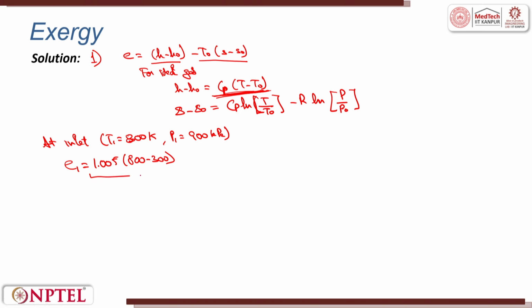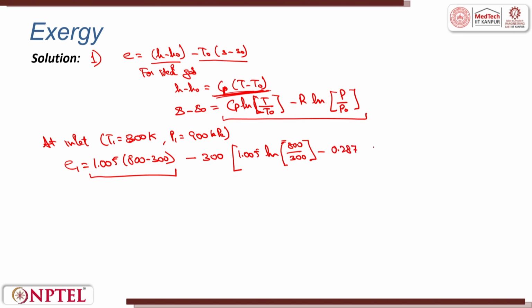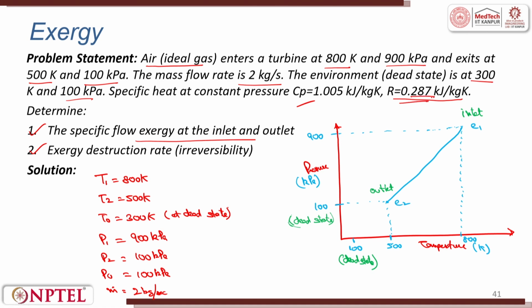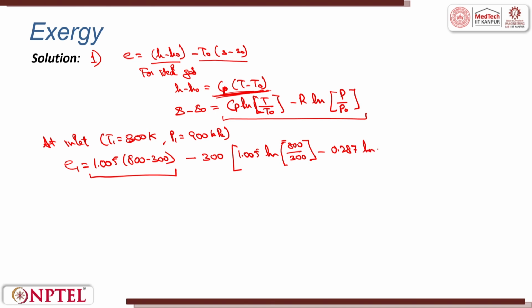Now comes T naught, which is 300, into S minus S naught, which is Cp, 1.005, into natural log of 800 by 300 minus R, where the value of R is 0.287, into the natural log of the ratio of the pressures, 900 kilopascal by 100 kilopascal. This gives me the value of E1.